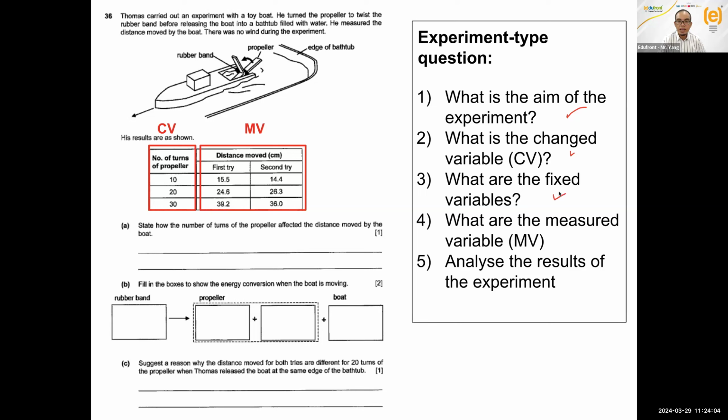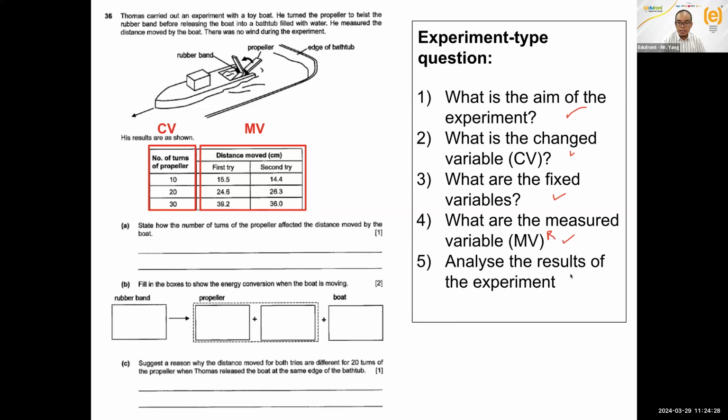You also have to identify the fixed variables. Other than the change variable, everything else must be fixed. The fixed variable is sometimes also called the constant variable. The next variable that you need to know is the measured variable, also known as the result of the experiment.